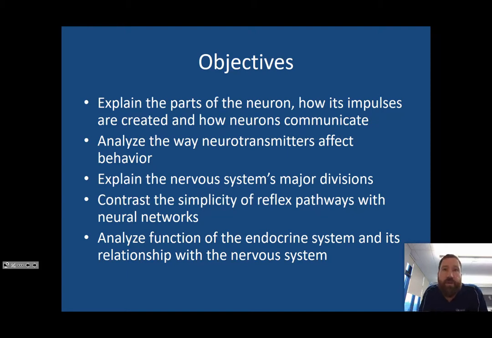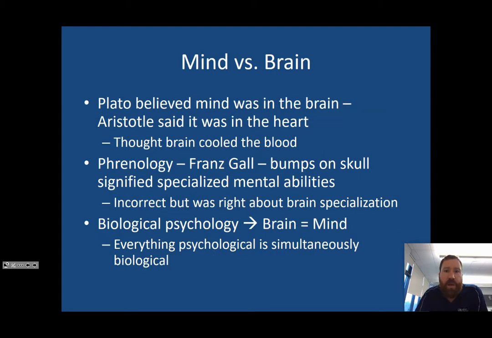Let's start at the beginning with words that sometimes I think we use interchangeably, but mean very different things. So first up is mind versus brain. We need to be careful with the way that we use these words. Originally when we talk about the mind, and actually this is still true today, what we're thinking about is our consciousness.